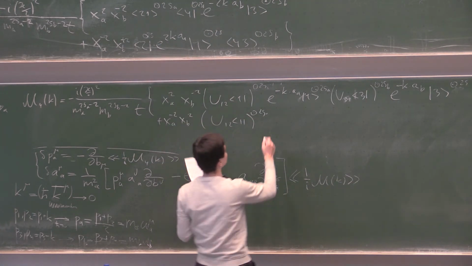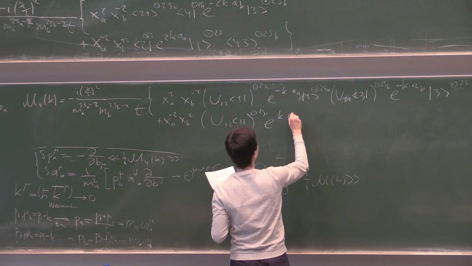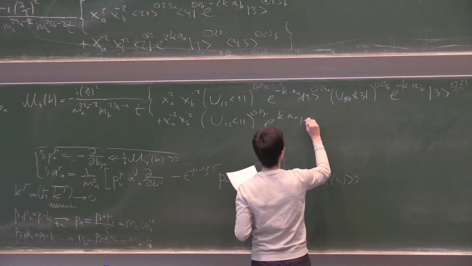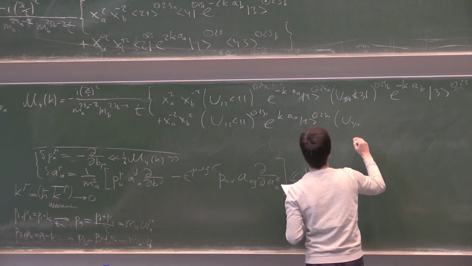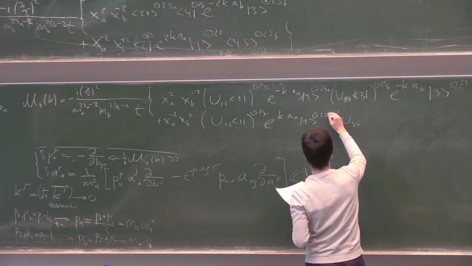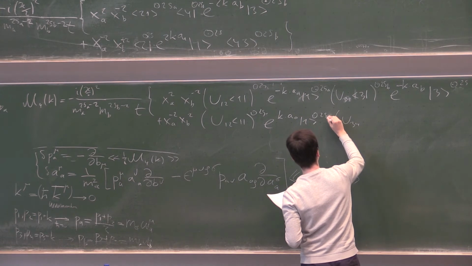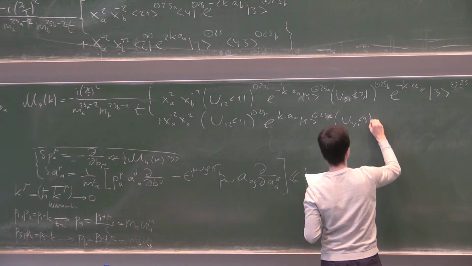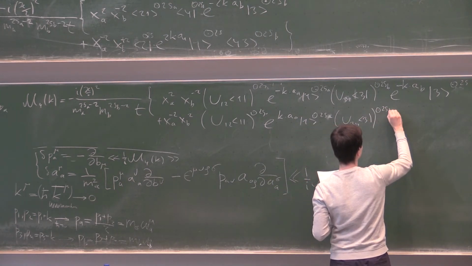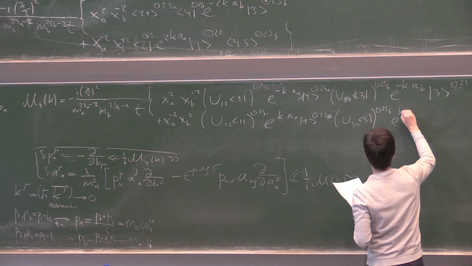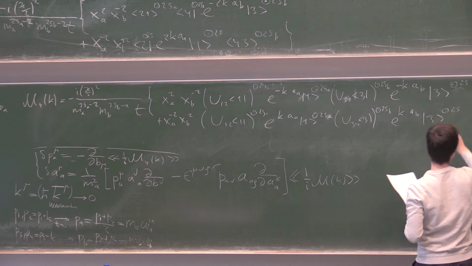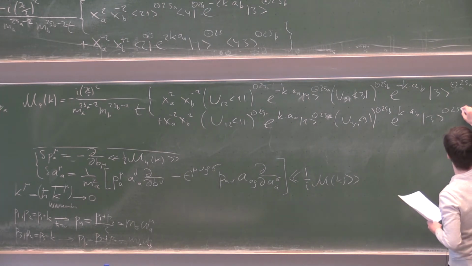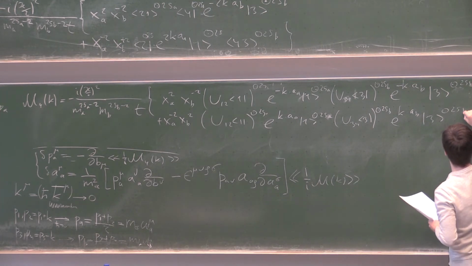The factor of 2 cancels here. This is A. B.